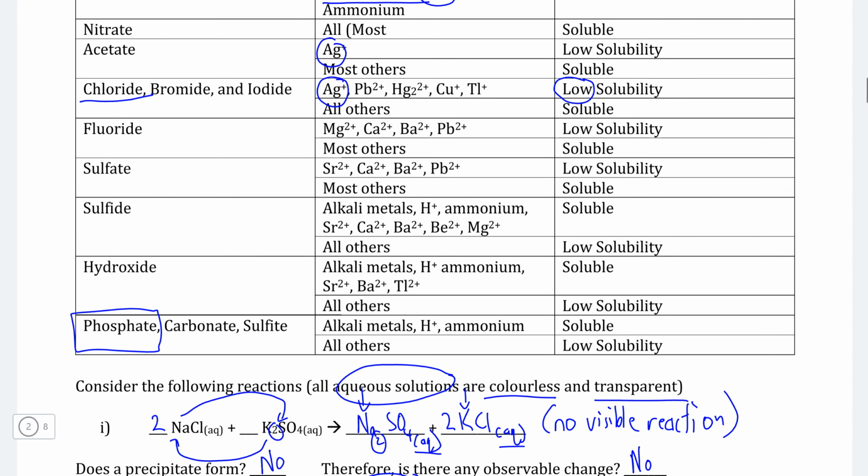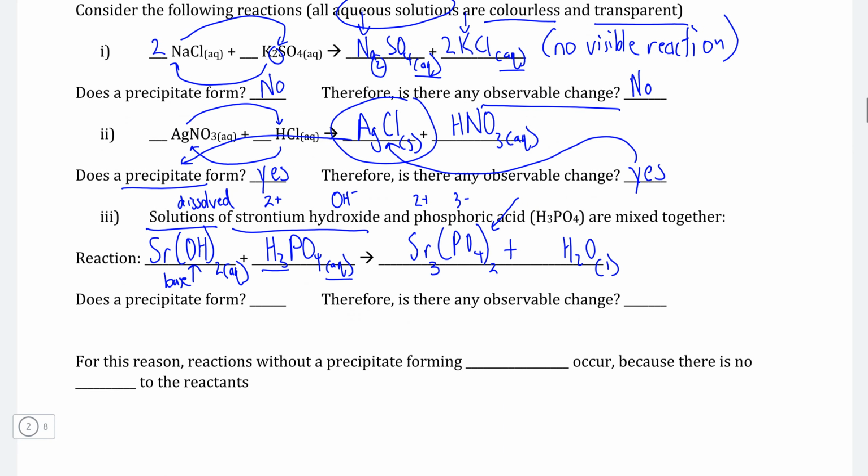So we're going to start by looking at phosphate, and we can see if phosphate is paired with an alkali metal, H plus, or ammonium, which is the polyatomic ion NH4, it is soluble, but all others, which does include strontium, are going to dissolve very poorly in water. This means if this doesn't dissolve completely in water, we would see this solid form, and therefore we definitely know that a precipitate has been produced, which shows us that there is a clearly observable change in that this precipitate did not exist before in the reaction.